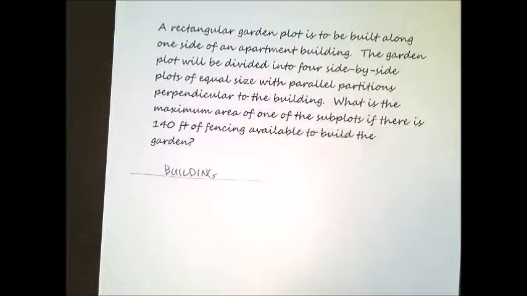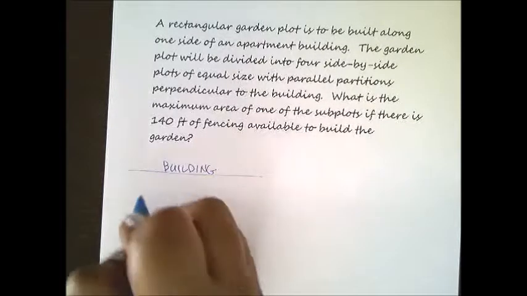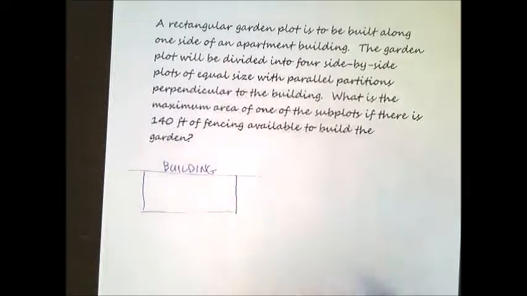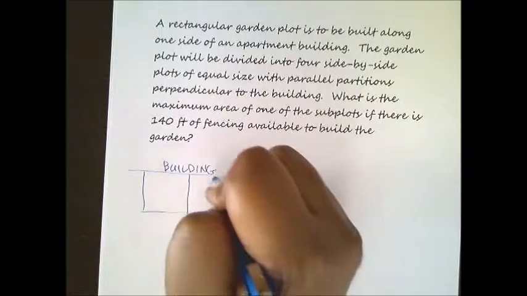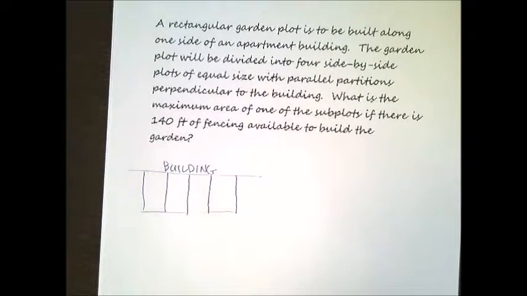And I just went straight into drawing a diagram because I need to picture this anyway. Okay. So we're going to build a rectangular garden. So here's my garden. And it's going to be divided into 4 side-by-side plots. So here are my plots.